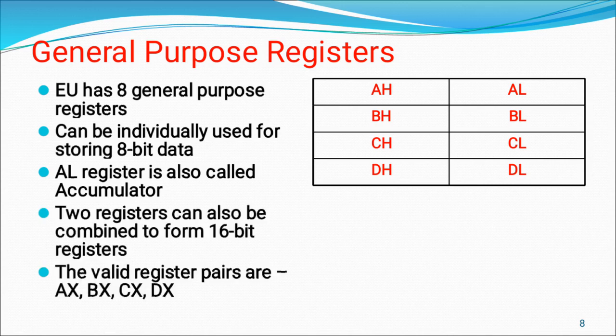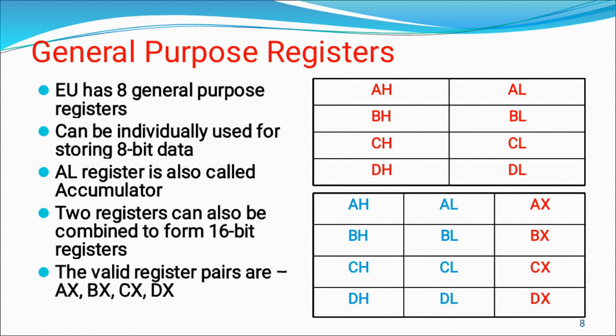If we combine two 8-bit registers, then it becomes a 16-bit register. For example, if we combine AL and AH, then it becomes AX.